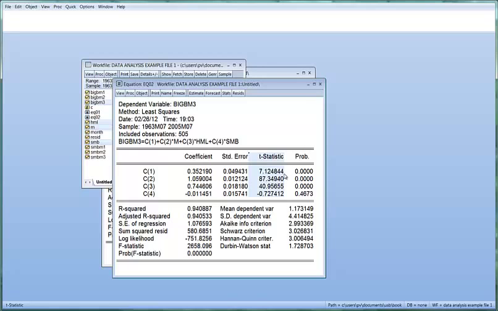The statistic is calculated as follows. We take the coefficient minus the value under the null hypothesis, this would be 0, and divide by the standard error. So in effect, for this particular output, we would have a t-statistic equal to the coefficient divided by the standard error. Now, we see that those t-statistics differ vastly in this output.